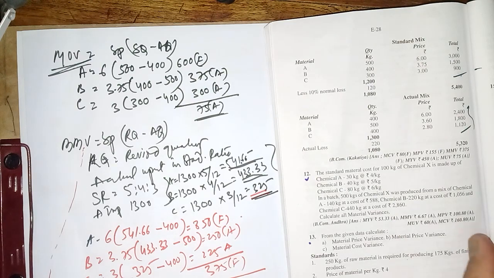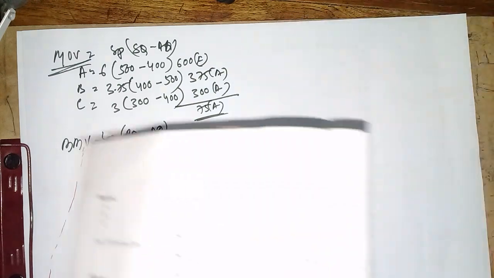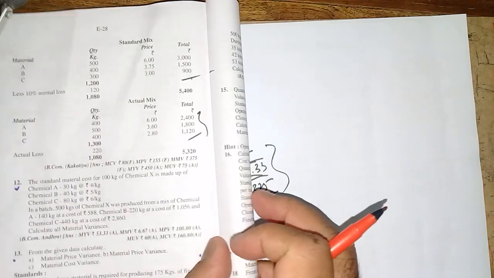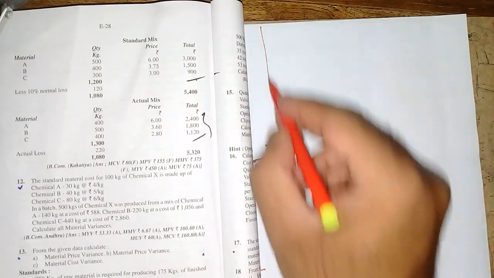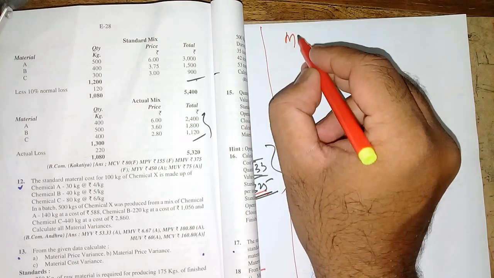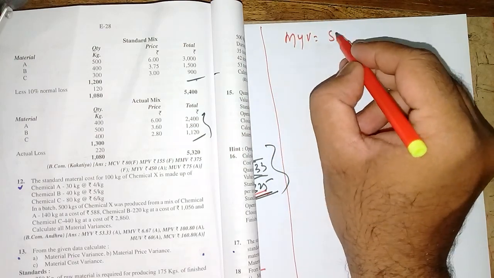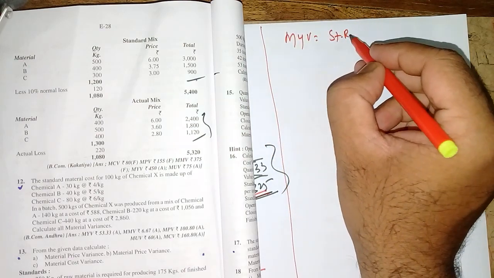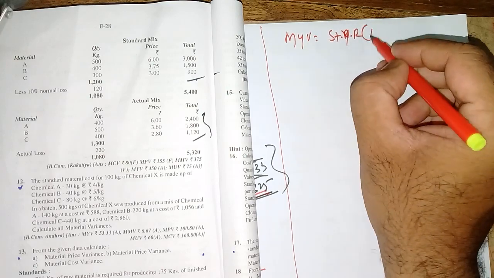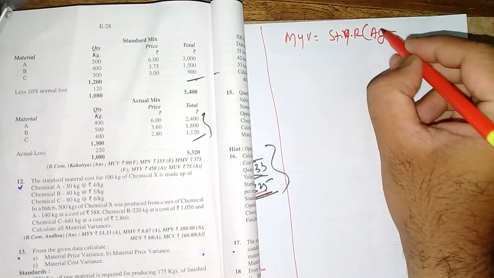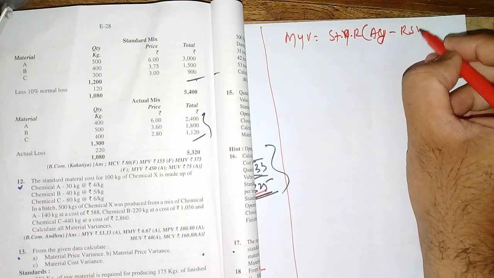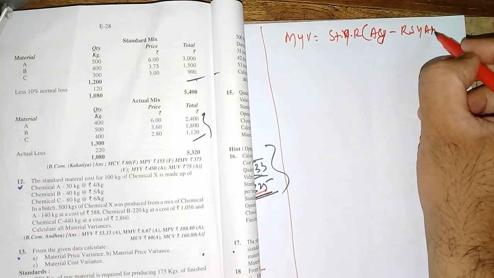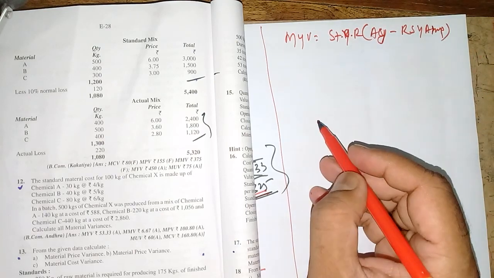Right, once the MMV is done, what we need to calculate? MYV. So how to calculate MYV? The formula is MYV is equals to standard yield rate into actual yield minus revised standard yield for actual input, right?